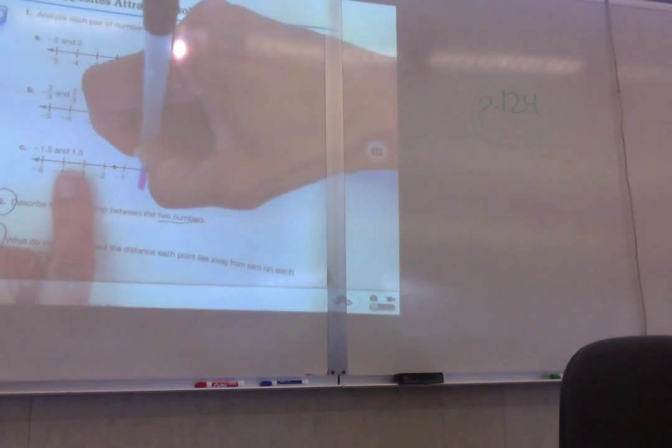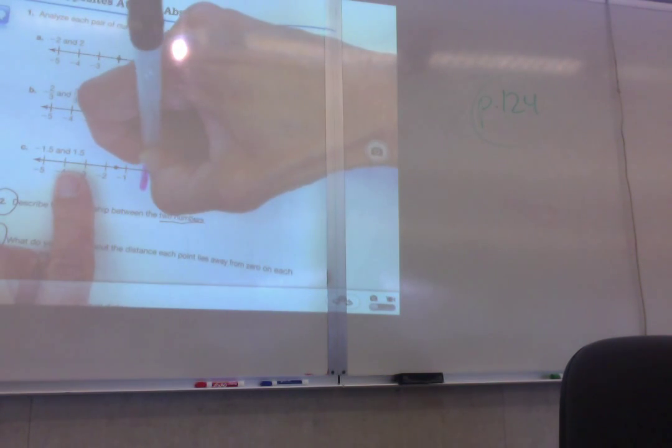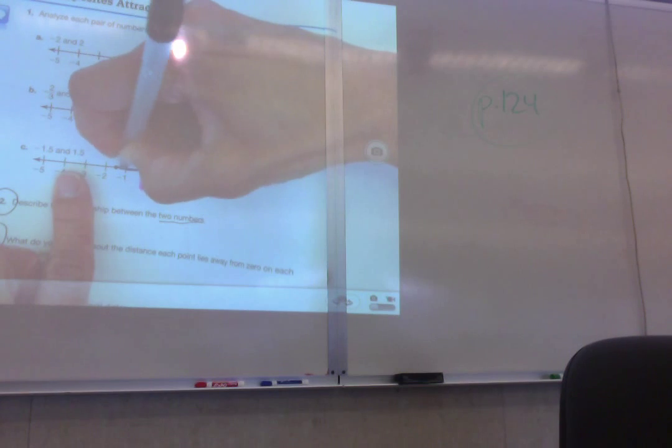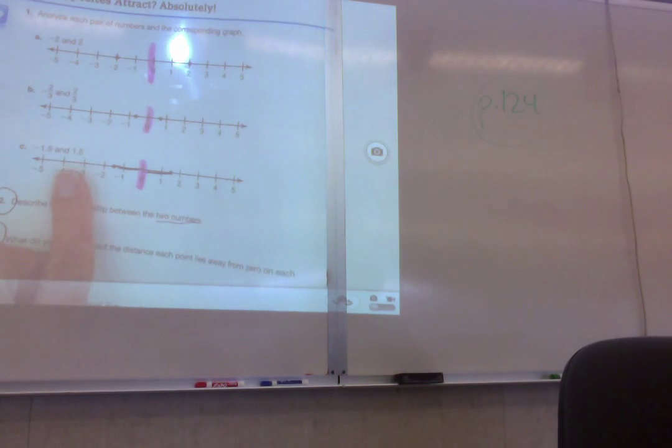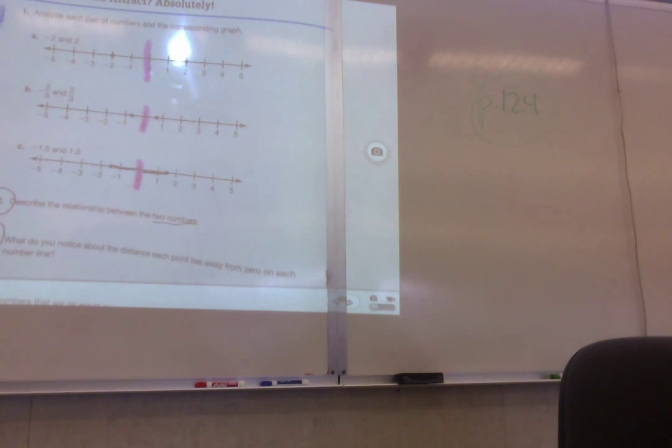How does this length right here compare to that length right there? What does it look like, Sam? They have the same distance. Do you agree with Sam? Yeah. Write that down for number 3.